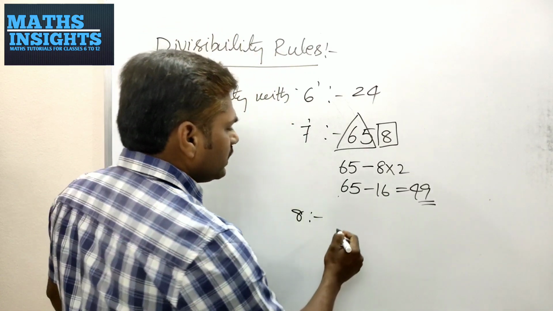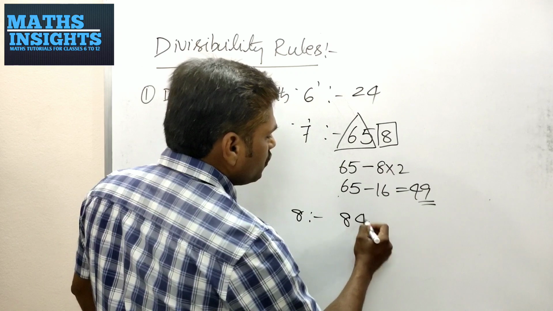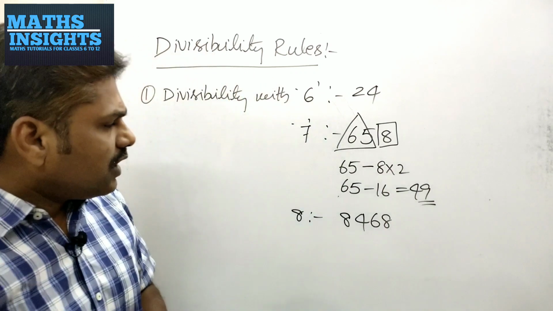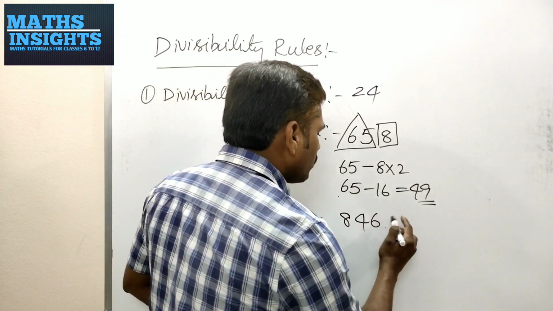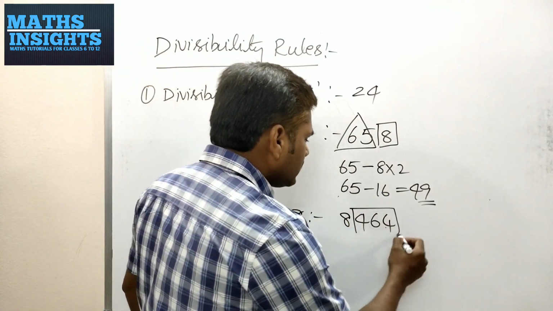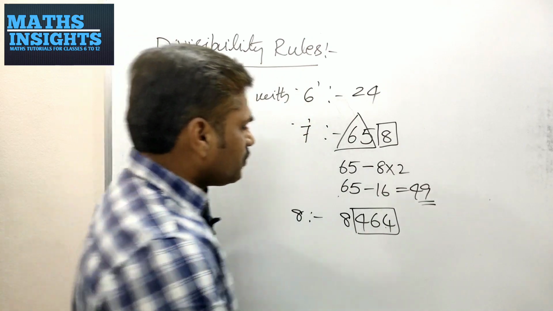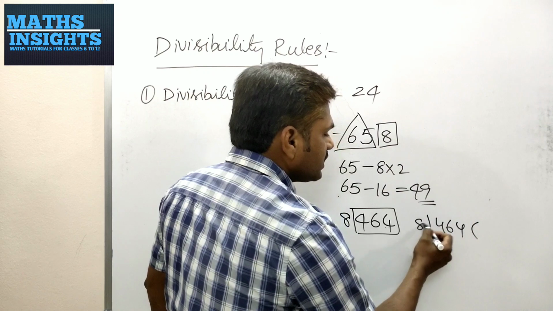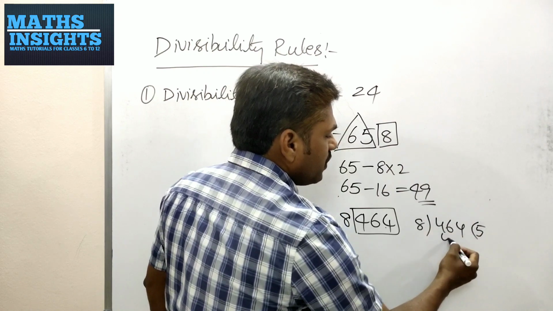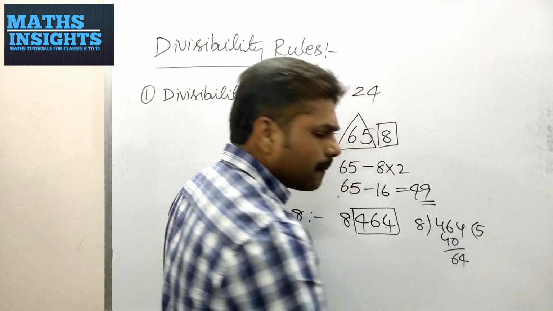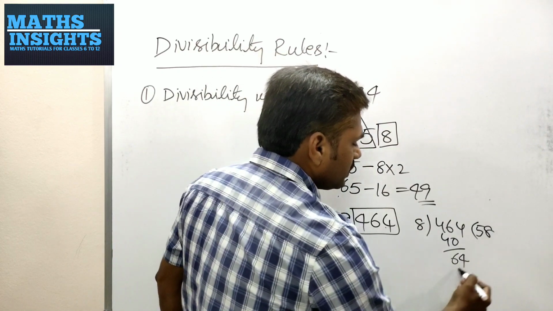Suppose I am taking 8,464, or you may take 64. See what I said, you have to take the last 3 digits, 464. If we divide 464 by 8, 8 5s are 40 and the remainder is 6, then 4. 8 8s are 64.